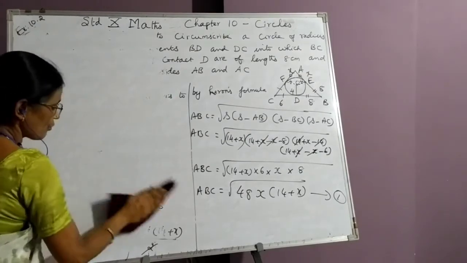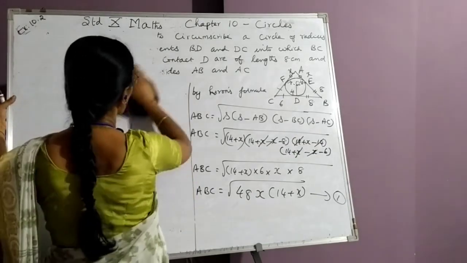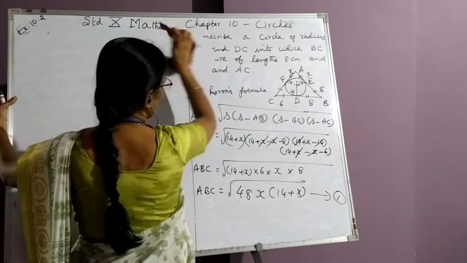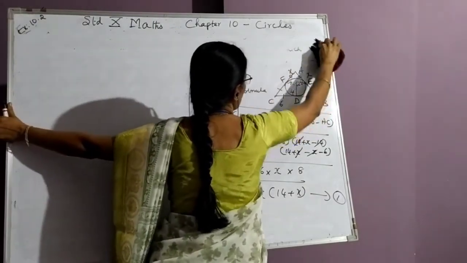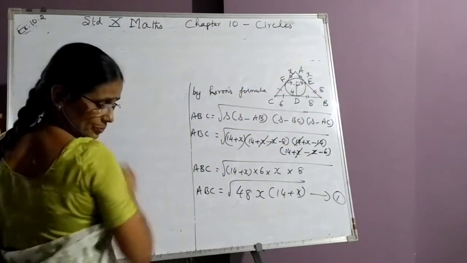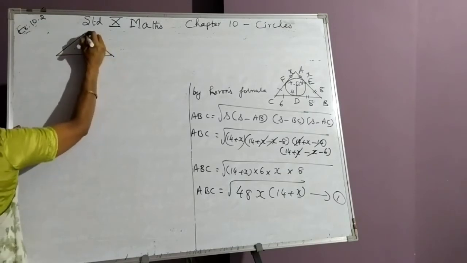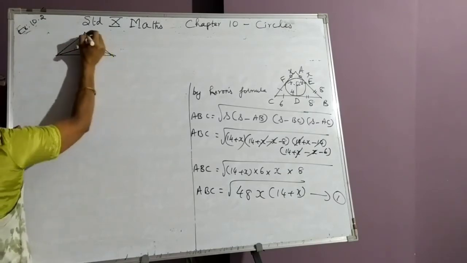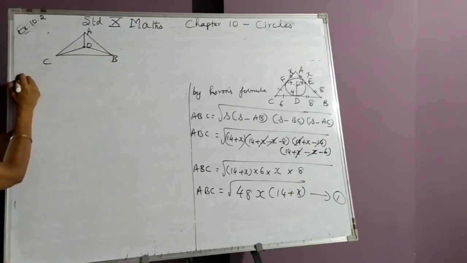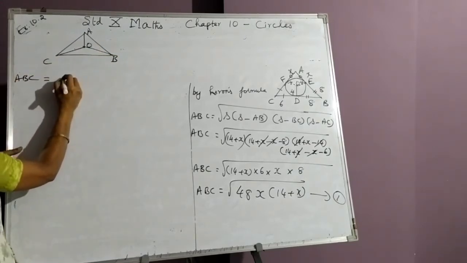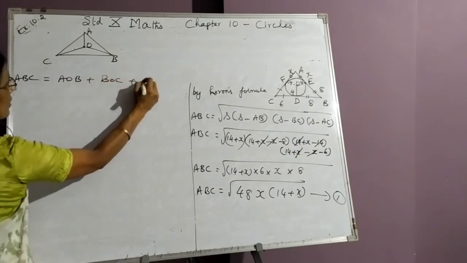So this area of triangle ABC we are going to divide into 3 sections: AB with O, BC with O and AC with O. So area of triangle ABC is AOB plus BOC plus AOC.